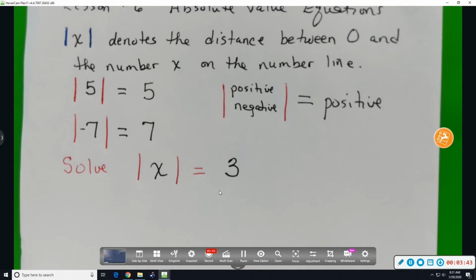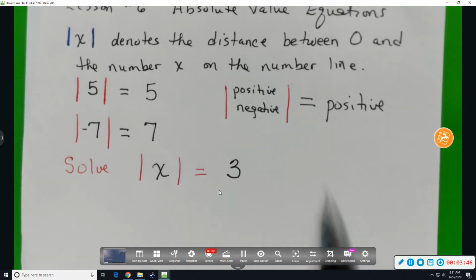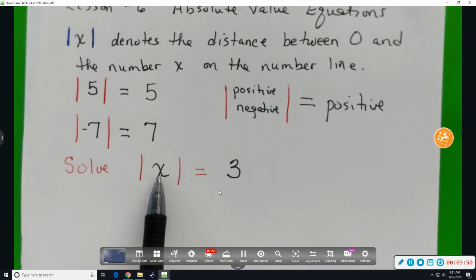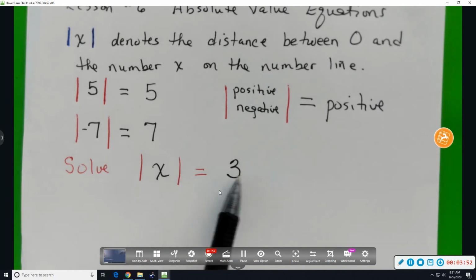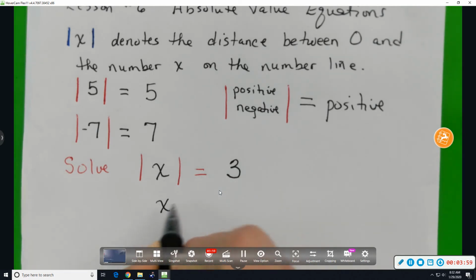Well, here, let's logic it through based on what we know. What number could x be in order to have absolute value equal to 3? 3 or negative 3. Okay? X equals positive 3 or negative 3.